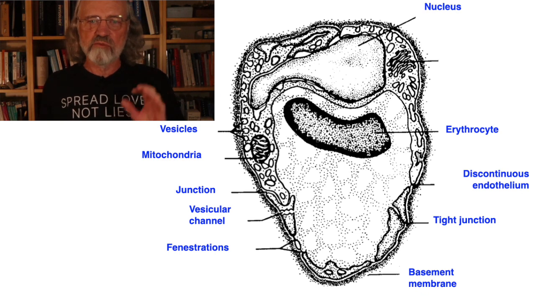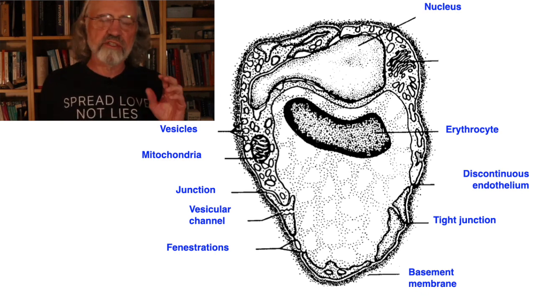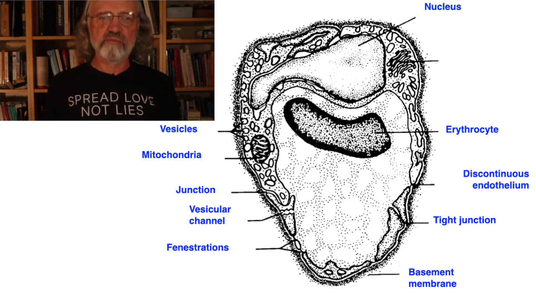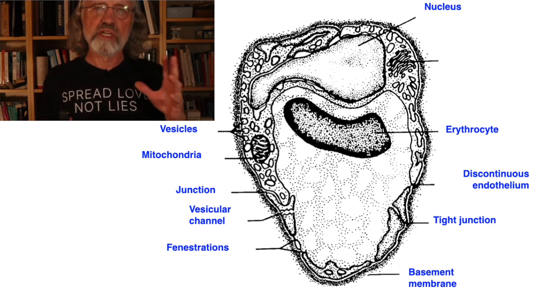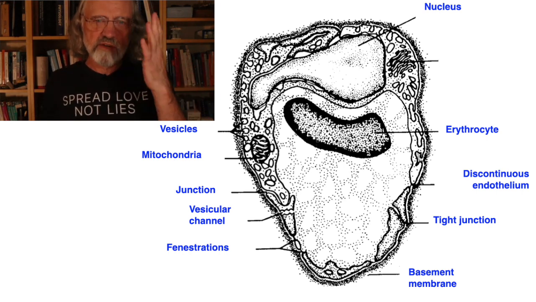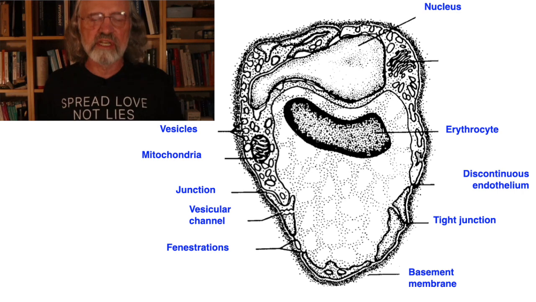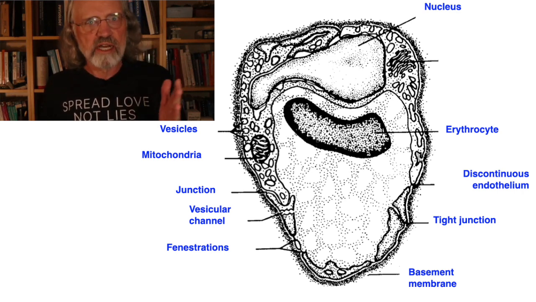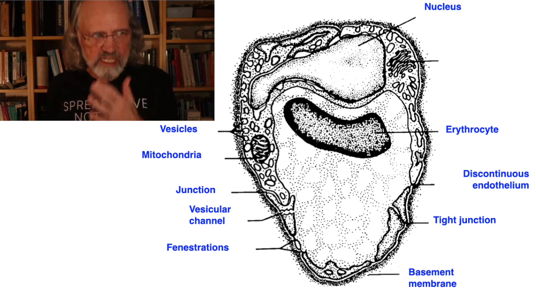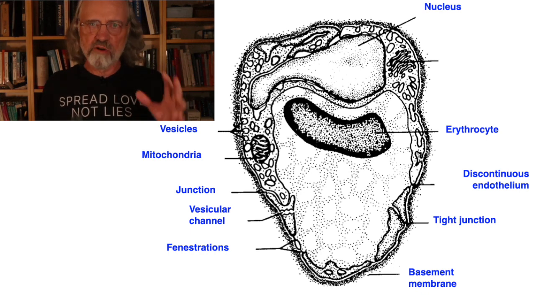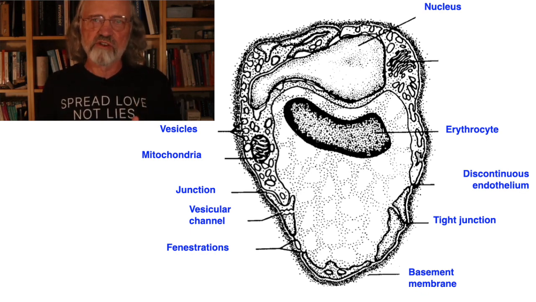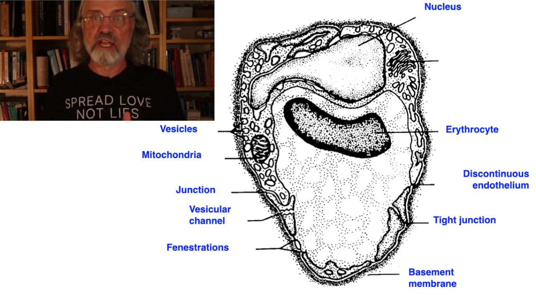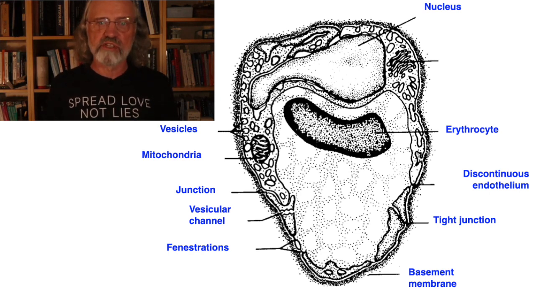Those junctions can be tight junctions, loose junctions, all sorts of variability. We'll touch on that in a second. But the important part to note is that we have a structure made of just a single cell layer, but it's not one cell. These are multiple individual cells that together form a monolayer or a single cell layer that determine the opening, the actual capillary through which things can flow.